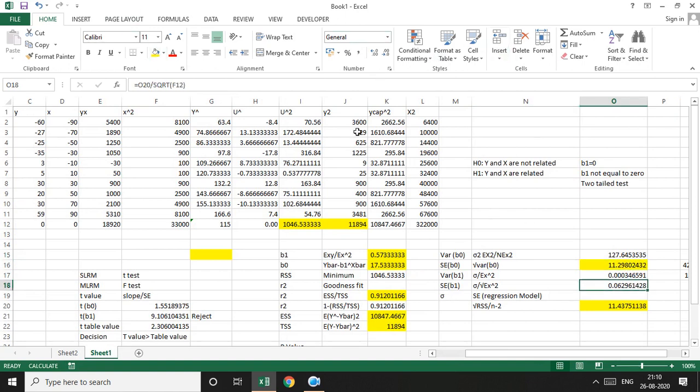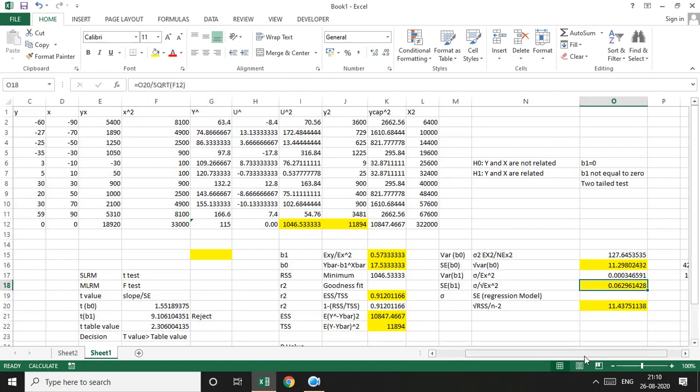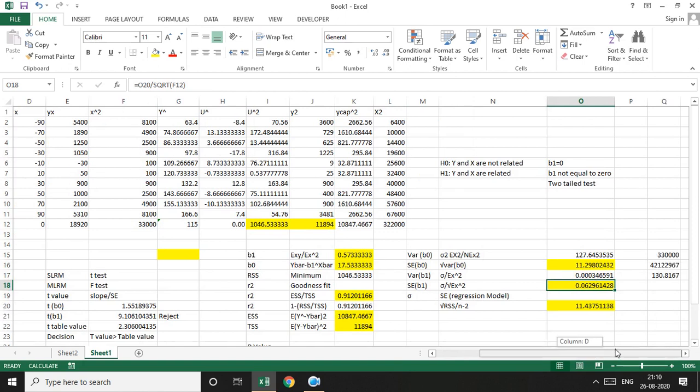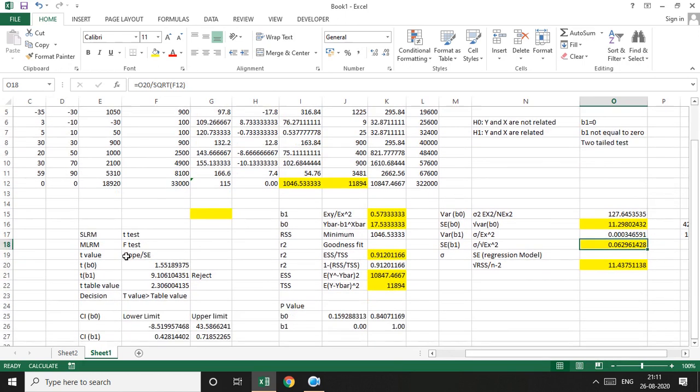So in regression, they are reporting the standard error, not the variance. Now t stat 1.55 and 9.106. Look at these values. Yes, we are getting the same values.